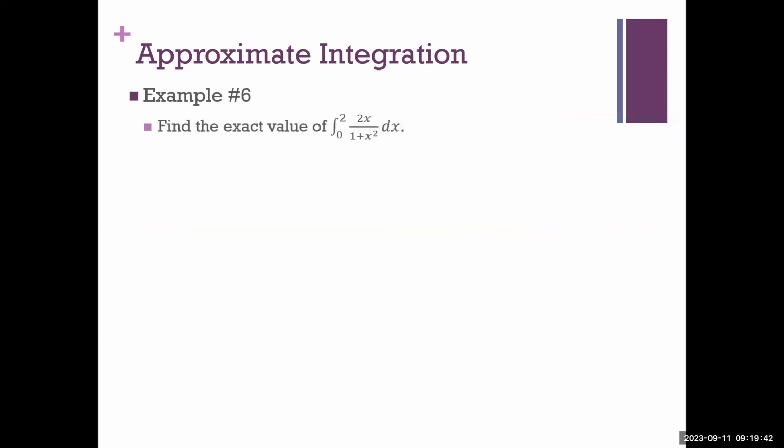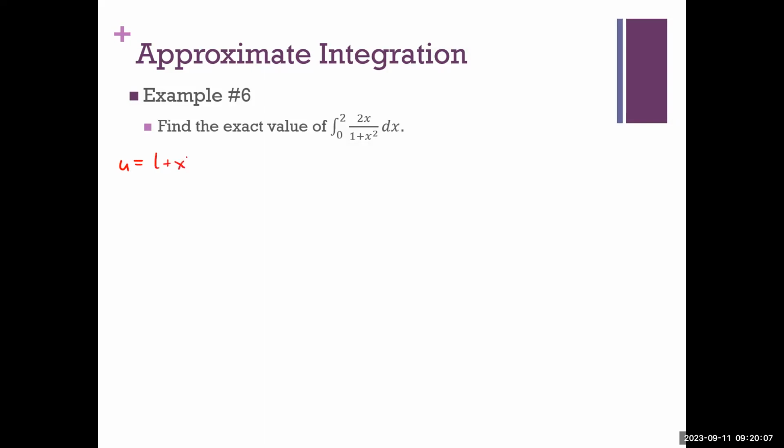All right, now we get the exact value. So can we find this integral without using any of our approximation tactics? Can we get this exactly? Yeah. How do we do integrals like this? U substitution? What's a good value for u?